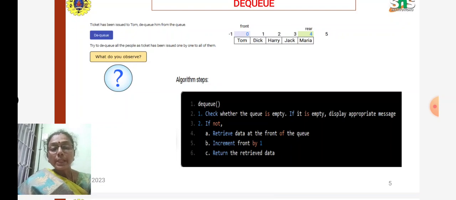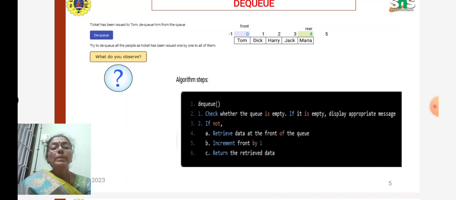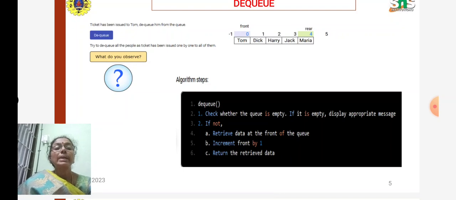For the NQ operation we increment the rear by 1 position. In the DQ operation we increment the front pointer by 1 position. After incrementing the front, the first person is removed and the front moves to the next position. Now we return the retrieved data. This is how the DQ operation is performed.